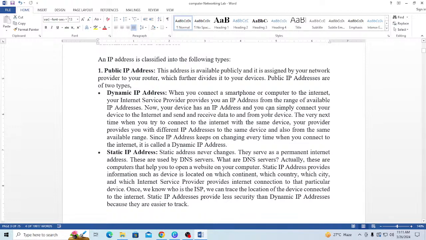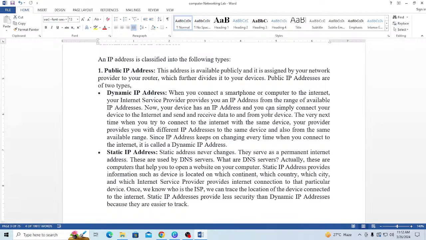Dynamic IP address connects to the internet service provider, and they interact from your device to the next devices. When we are connected to the internet on the same device, you are provided with a different IP address on the same device within the available range. That means dynamic IP address provides multiple addresses.